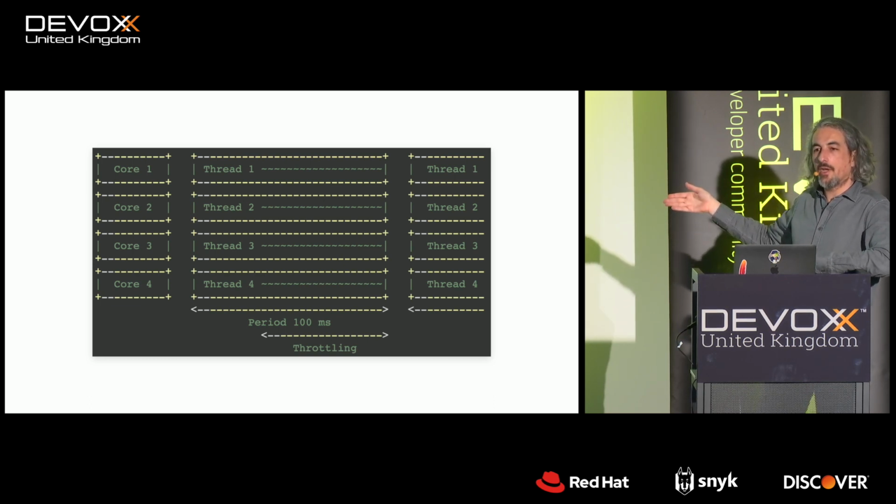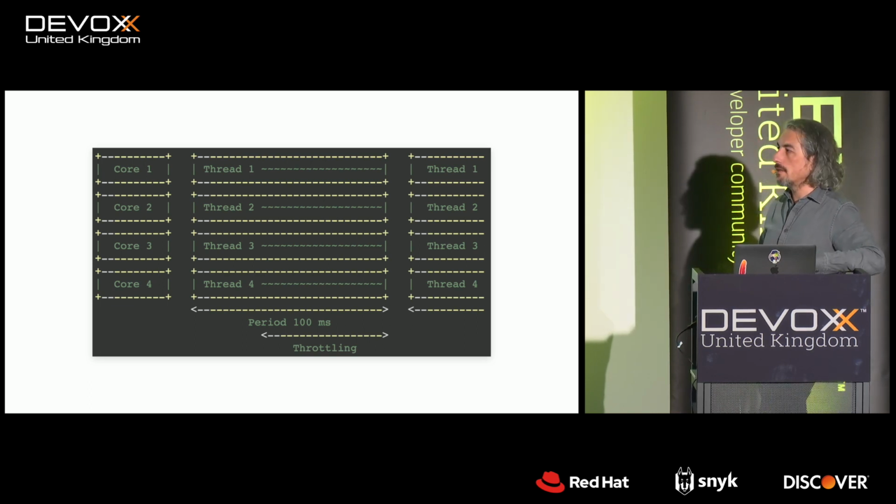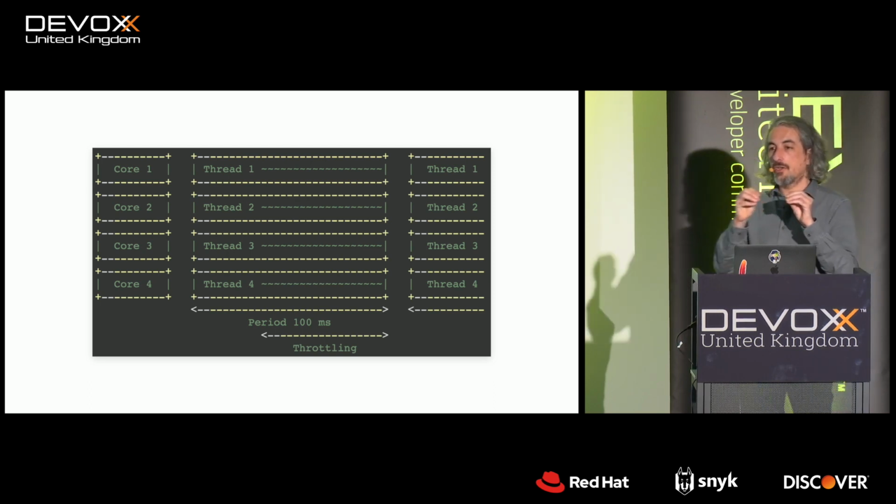And this is a very tricky thing to find out. I mean, there are metrics. Kubernetes or your nodes will expose CPU throttling metrics. But the way this shows up in your application is very tricky, because it's not like your application is going to be slower.